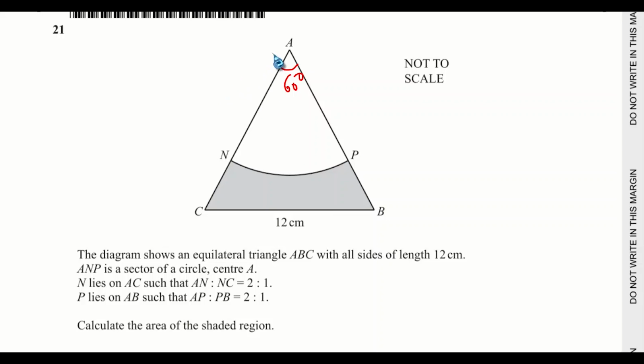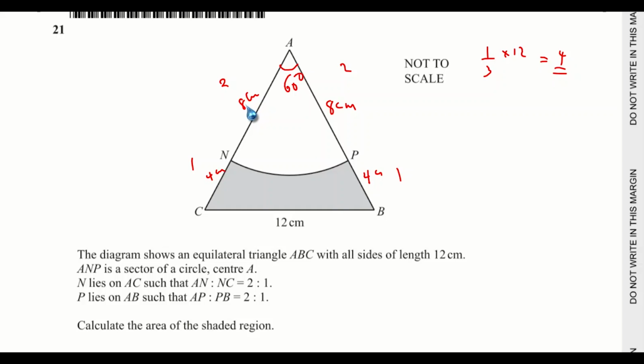We know that the ratio, this is 2 to 1, this is 2 to 1, and the length of a side is 12 centimeters. So we can actually find this. Since the total ratio is 3, 1 over 3 times 12 is 4. So this will be 4 centimeters, and this will be 8 centimeters.